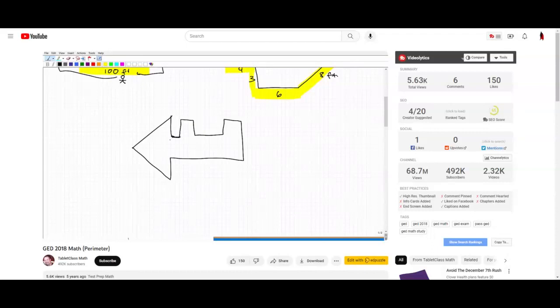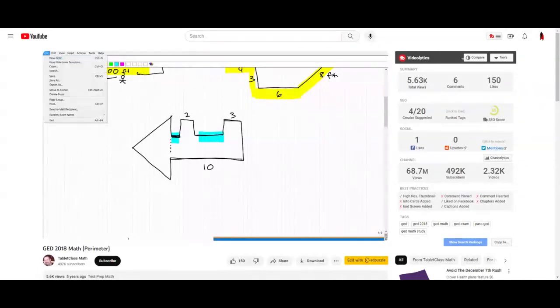So they might indicate in the figure that this is like a rectangle, if you will. Follow me here. So this would be, let's say 10, and then this would be 2, and let's say this would be 3, right? And then you'd have to determine what these lengths are. They're not going to give them to you.